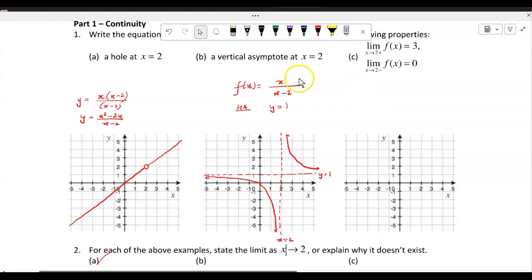Means the derivative at x is equal to 2 is not there. Next. So now from the positive side, y is 3. The limit is 3. It's approaching 3. So x tends to 2 from the positive side is 3.